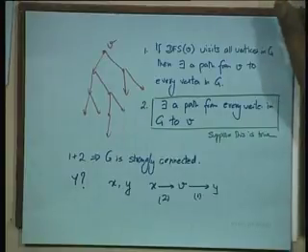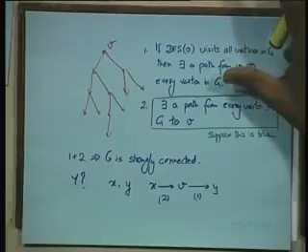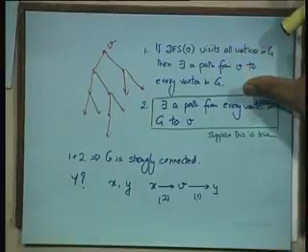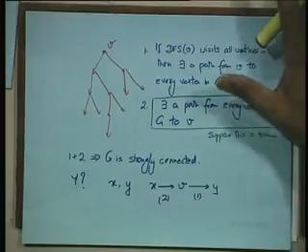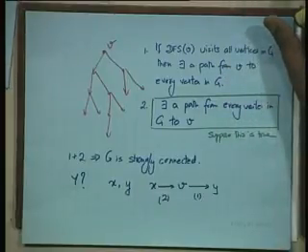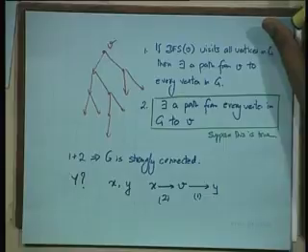How will I ensure this? This says that there is a path from v to every vertex in the graph. If I can ensure that there is a path from every vertex in the graph to v, then I am done. How will I ensure that from every vertex in the graph there is a path to v?